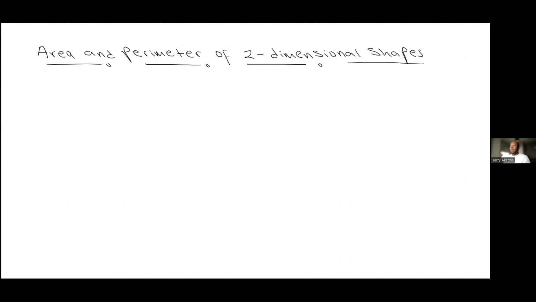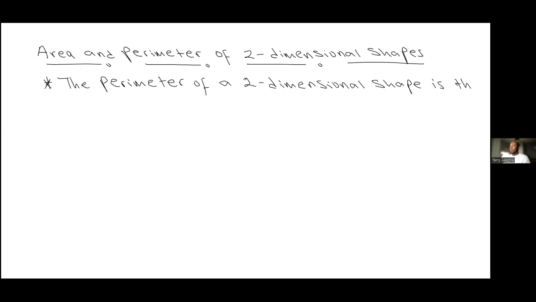So when we talk about the perimeter, the perimeter of a two-dimensional shape is the total distance around the respective shape.